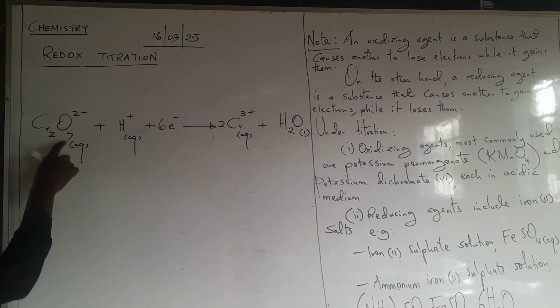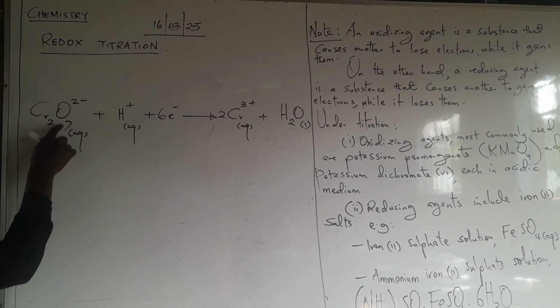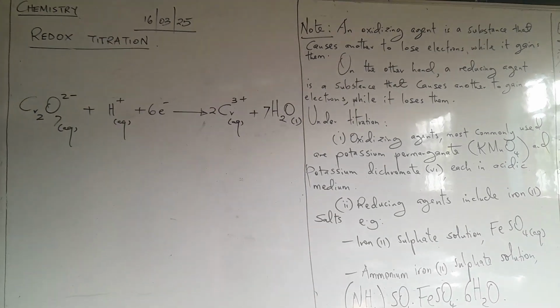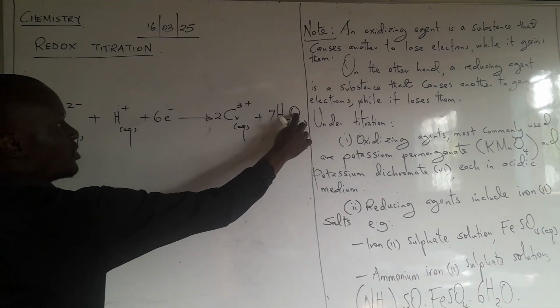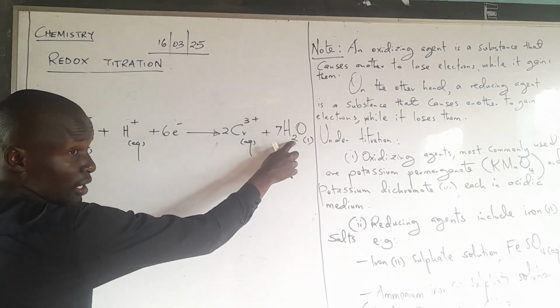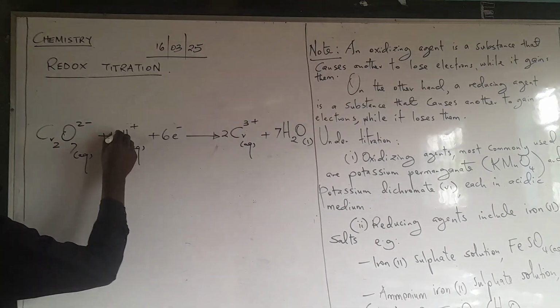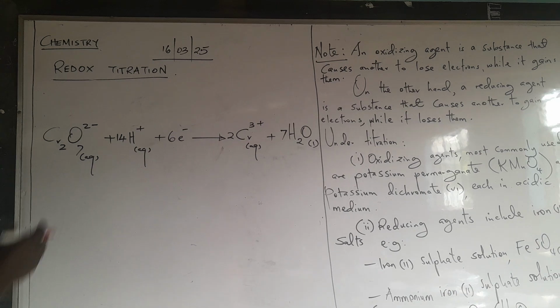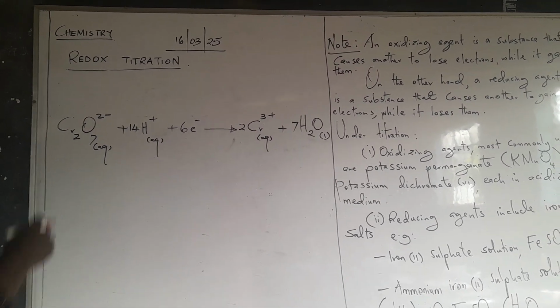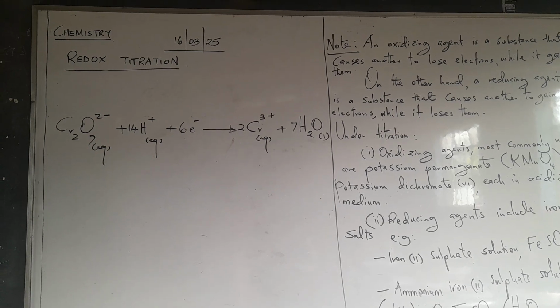Look at this. How many atoms are these? 7. So you put 7 there, so that you balance oxygen. But now, what becomes of hydrogen? You now have 14. So you put here 14. That is an ionic equation demonstrating how dichromate 6 ion is reduced to chromium 3.